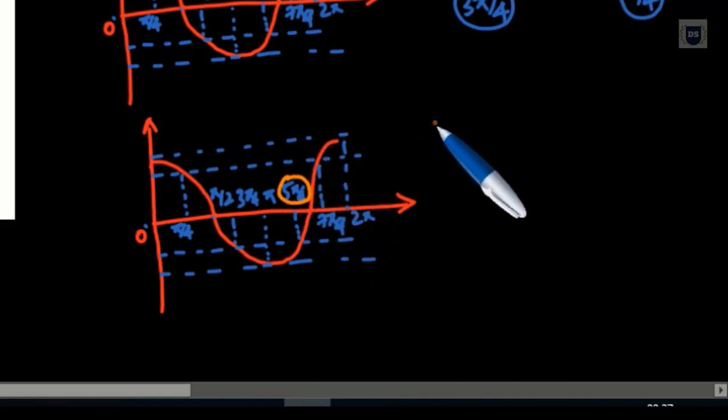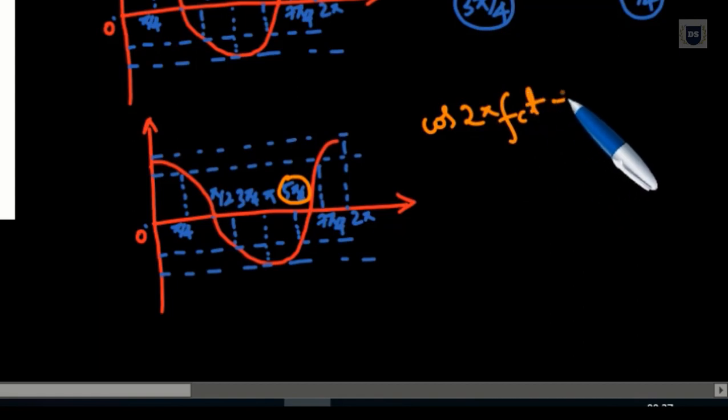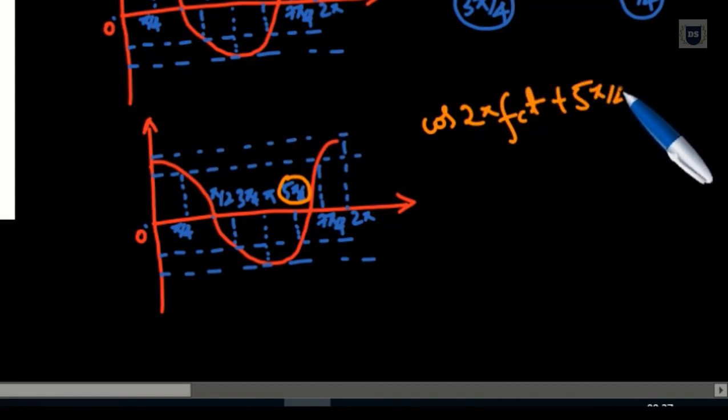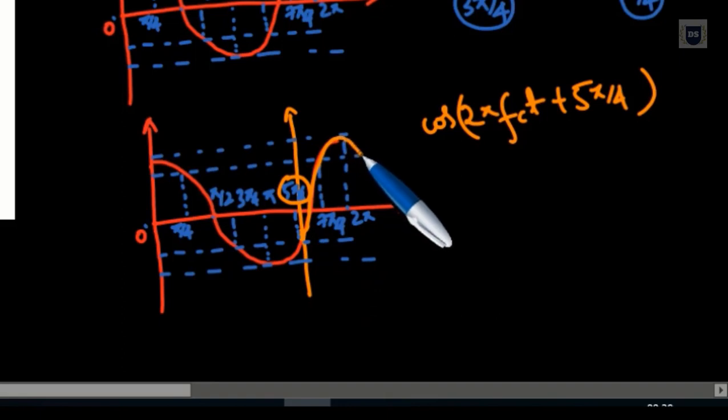So I can think of this to be cos 2 pi fct plus 5 pi by 4. So because of which we got to make use of a waveform that which starts at 5 pi by 4. So in fact, I can think of this cosine waveform starting right at this portion. It starts at this portion and it will continue for two more cycles.